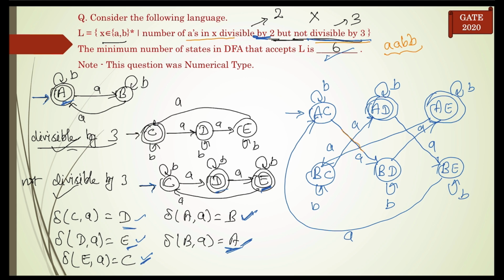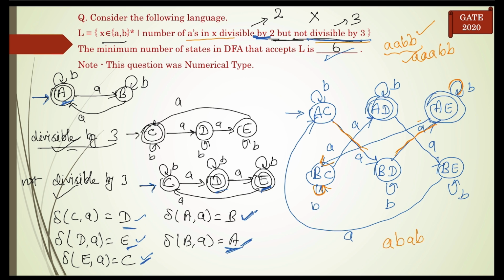So from this initial state you will take A, again you will take A, then B. Yes, this is accepted. Now this string should not be accepted: triple A, double B. 1A, 2A, then 3A and 2 times B. Yes, this is also not accepted. It means our machine is correct.